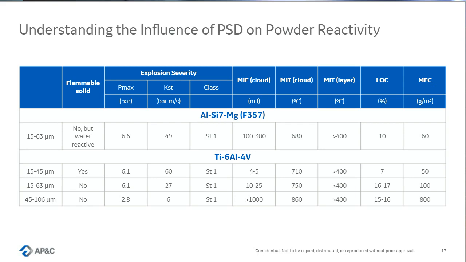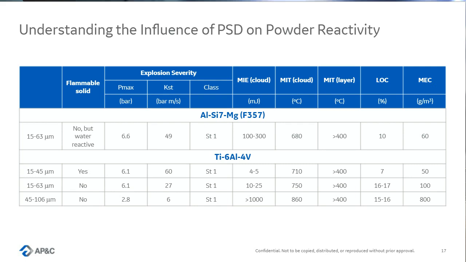You see that 1545 is classed as a flammable solid, while the other sizes are not. That doesn't change the fact that the other sizes are still combustible dust. It's possible to ignite them, but they don't reach the criteria for transportation classification. That can change a lot in the type of package you can use and the methods to ship those packages, so it can have some impact on your cost.